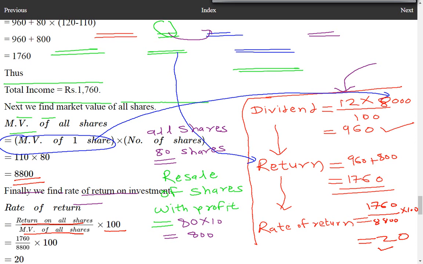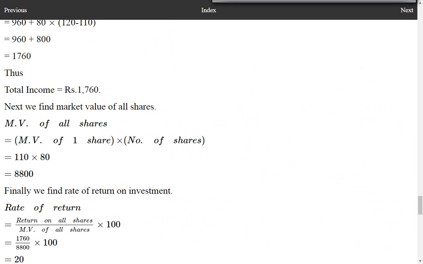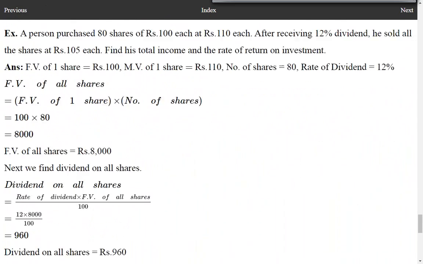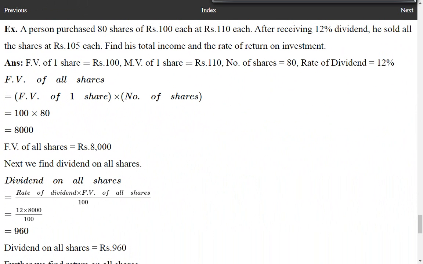So far we have seen two examples where there is resale of shares with profit and there is no resale of shares. In the last example, we will see the resale of shares with loss. So let us see the example.